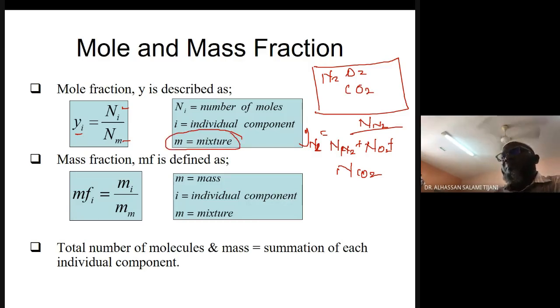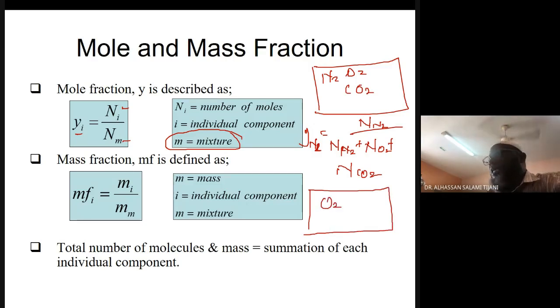Similarly, if I want to find mass fraction, let's say I have another thermodynamic system that consists of oxygen, nitrogen and carbon dioxide, or even hydrogen.